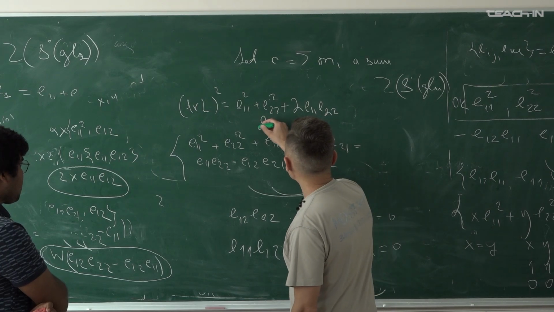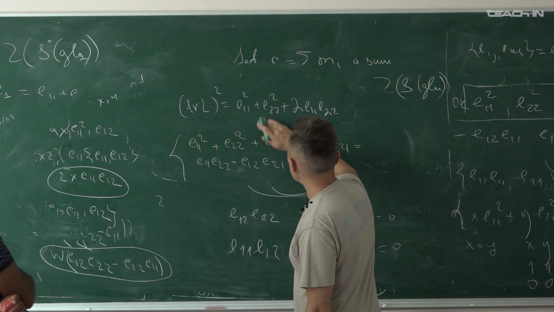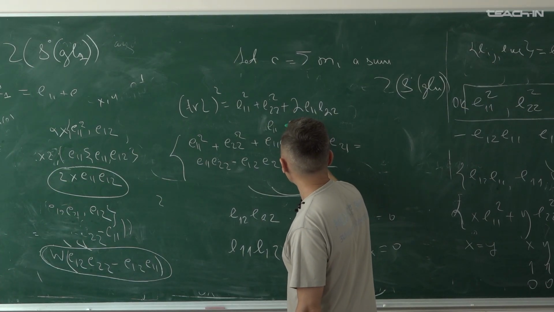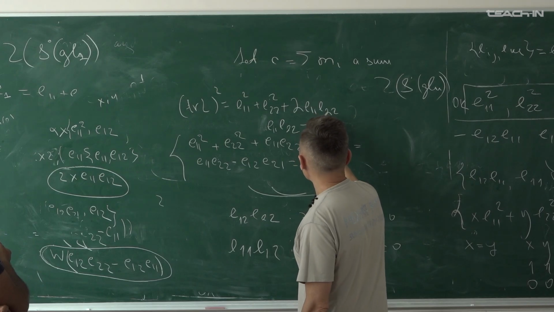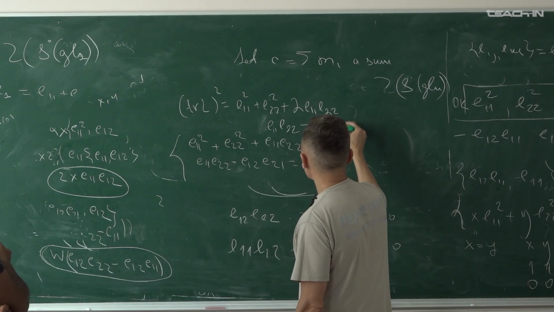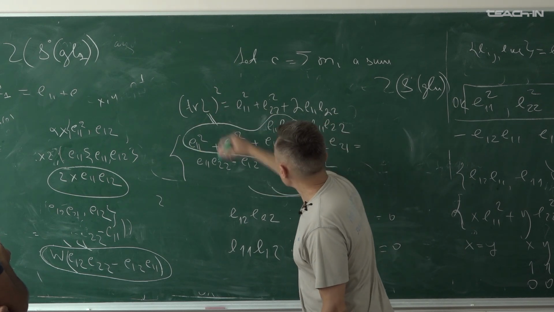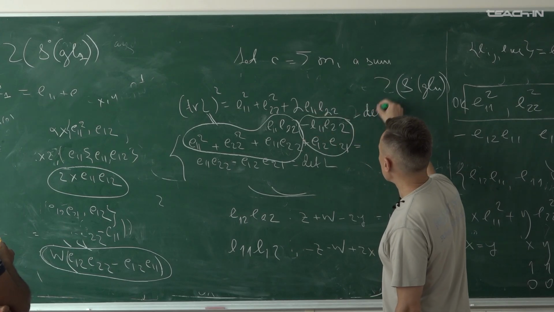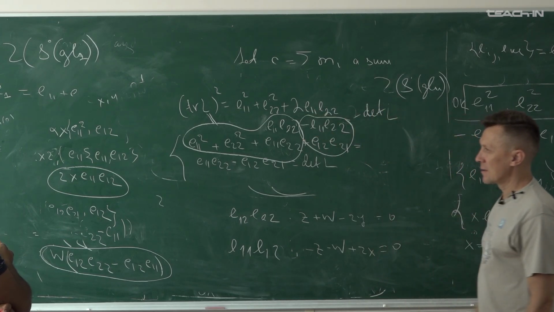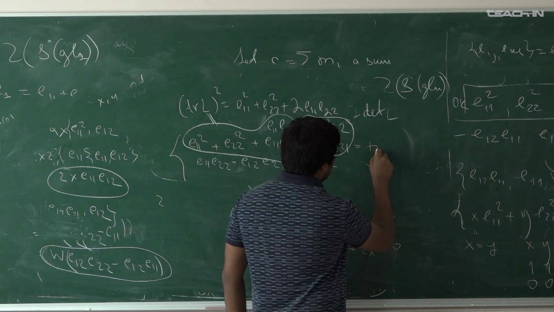Let us add E11 E22 and minus E11 E22. Then this is the trace squared, and this is minus the determinant. So trace squared minus determinant.